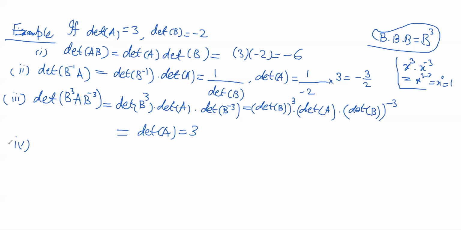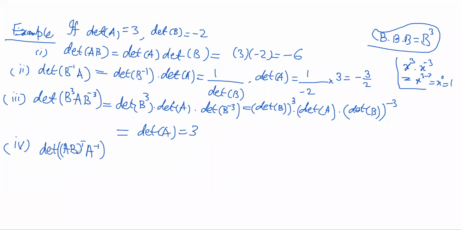The fourth one is: what is the determinant of AB transpose times determinant of A inverse?